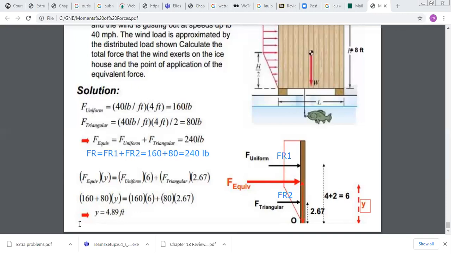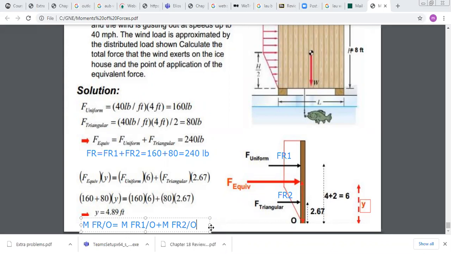My condition is that the moment of F resultant about O should be equal to the total moment of FR1 and FR2 about O. So it should be equal to the moment of FR1 about O plus the moment of FR2 about O.